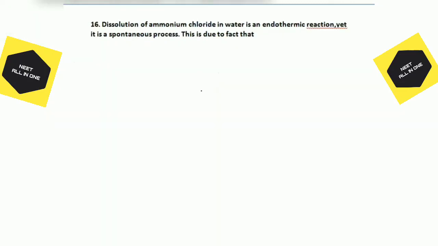So let's see question number 16. Dissolution of ammonium chloride in water is an endothermic reaction, yet it is a spontaneous process. So this is due to the fact that, it is an objective type of question, you have to remember it, the condition: del H will be positive for this reaction, del S is also positive.